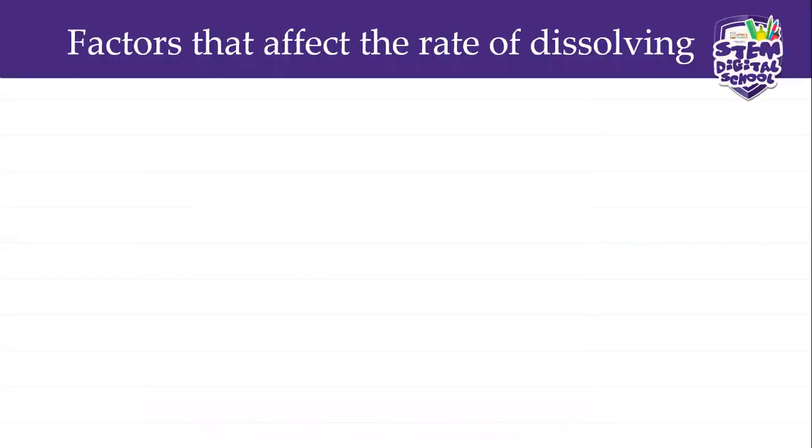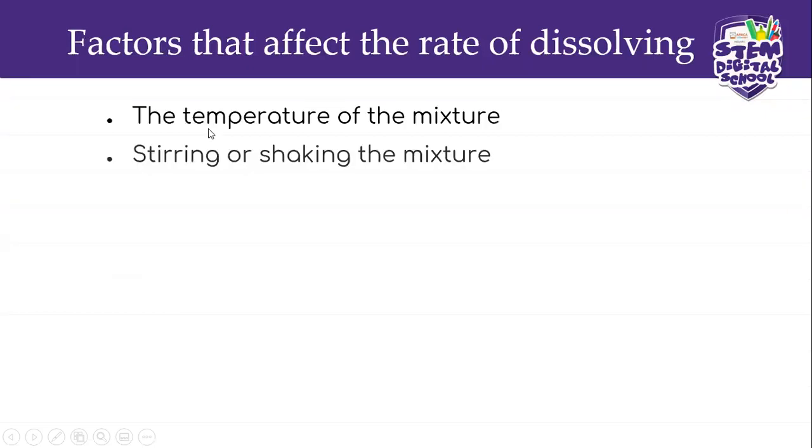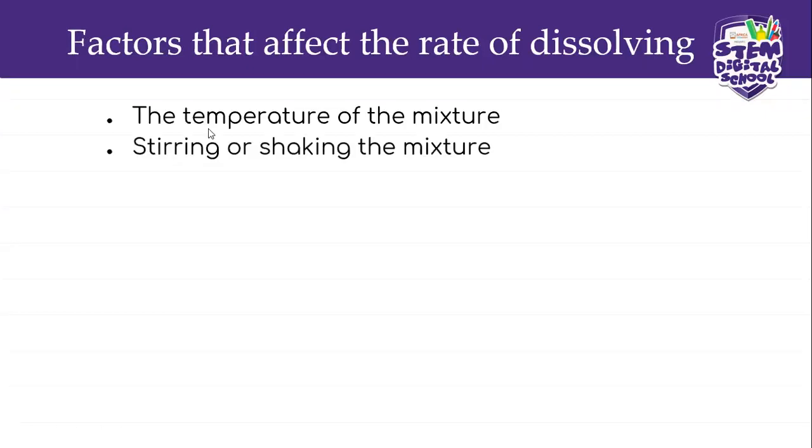Okay, so now let us look at the factors that affect the rate of dissolving. Remember we said that the rate of dissolving is the speed at which the solid is disappearing in the solvent. If you are confused or if I am going too fast, just indicate for me. Temperature affects the rate of dissolving.